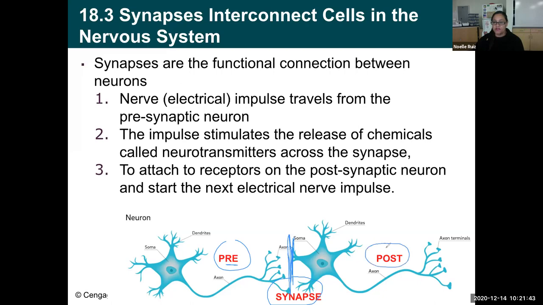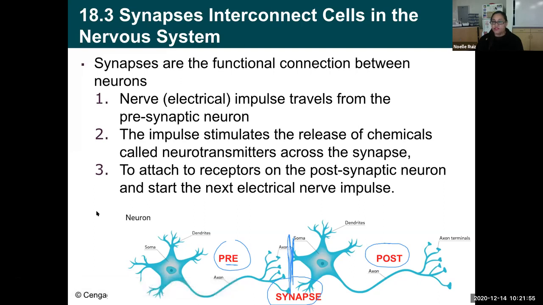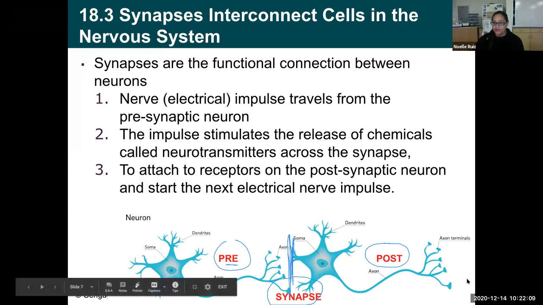And the postsynaptic neuron is the one after the synapse. So nerve or electrical impulses travel from the presynaptic neuron. The impulse stimulates the release of chemicals called neurotransmitters across the synapse, and to attach to receptors on the postsynaptic neuron and start the next electrical nerve impulse. This is just the general way that your nervous system works all the time.